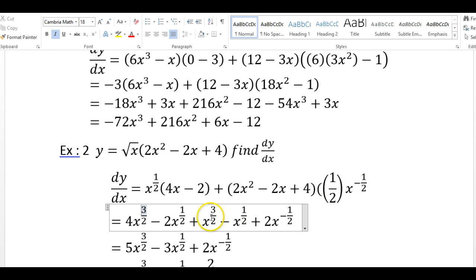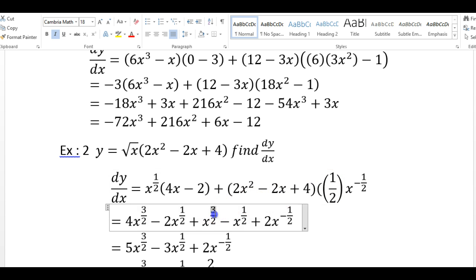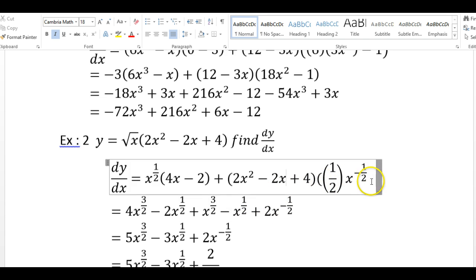So you add 2 and negative 1/2, which gives you 3/2, right? And then you have these two. When you multiply negative 2x times positive 1/2, they cancel off and you get x times x to the negative 1/2. When you add the powers, you get 1 minus 1/2, which is 1/2, and then 4 times 1/2 is 2x to the negative 1/2.